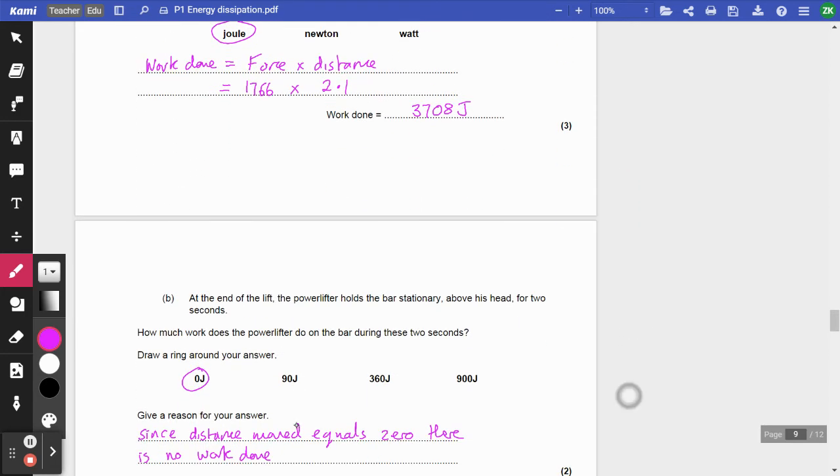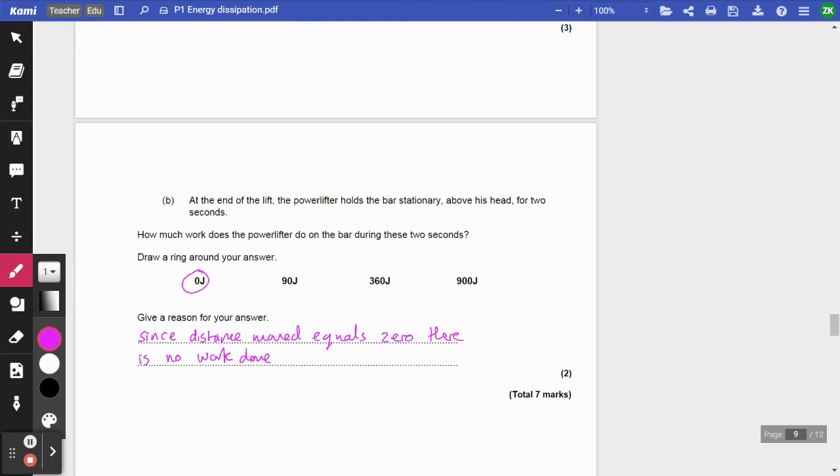Now, the next question is: at the end of the lift, the power lifter holds the bar stationary above his head for 2 seconds. How much work is done during these 2 seconds? 0 joules of work is done, and the reason is because the object is not moving.